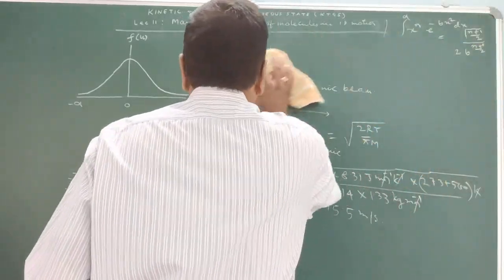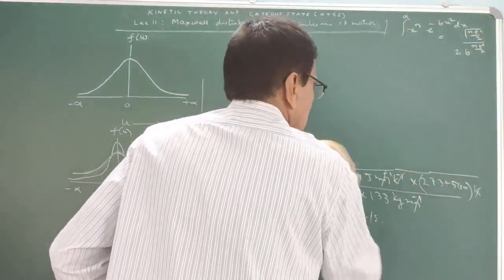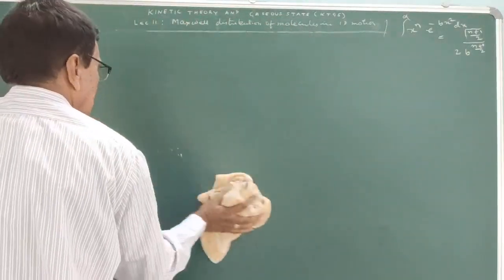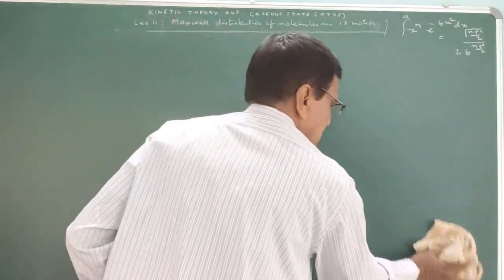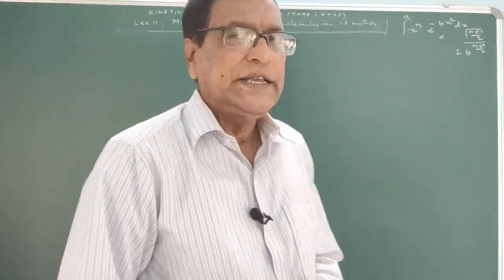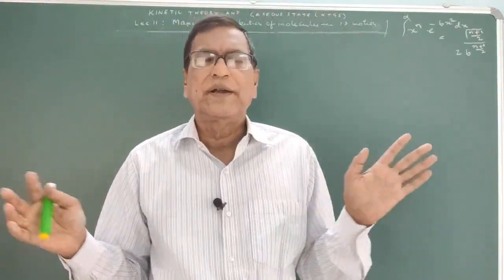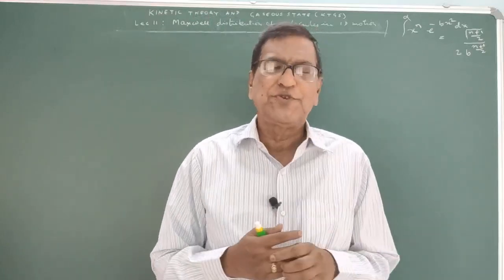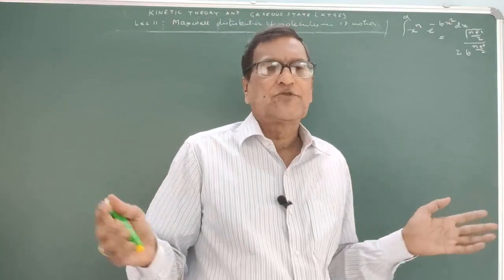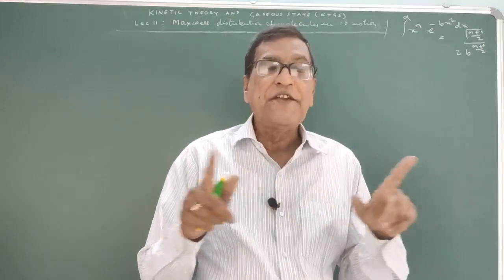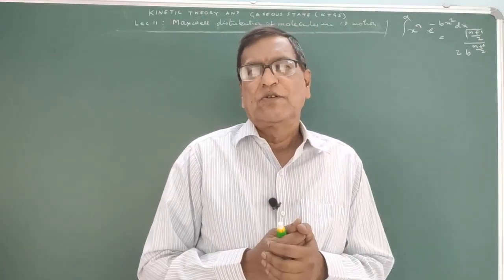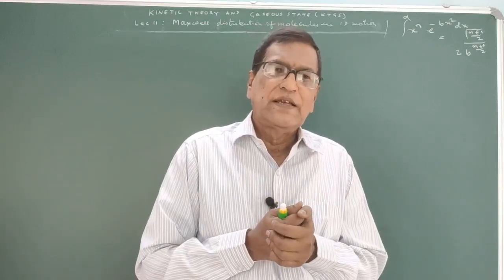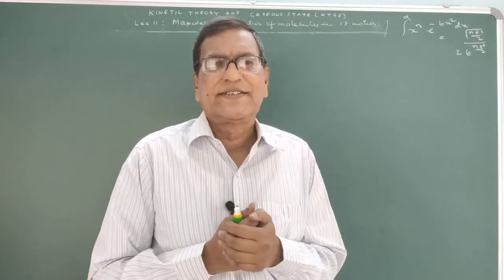Now, as usual, I would like to convert this x component velocity distribution in terms of the kinetic energy distribution when all the molecules are moving along the x direction.